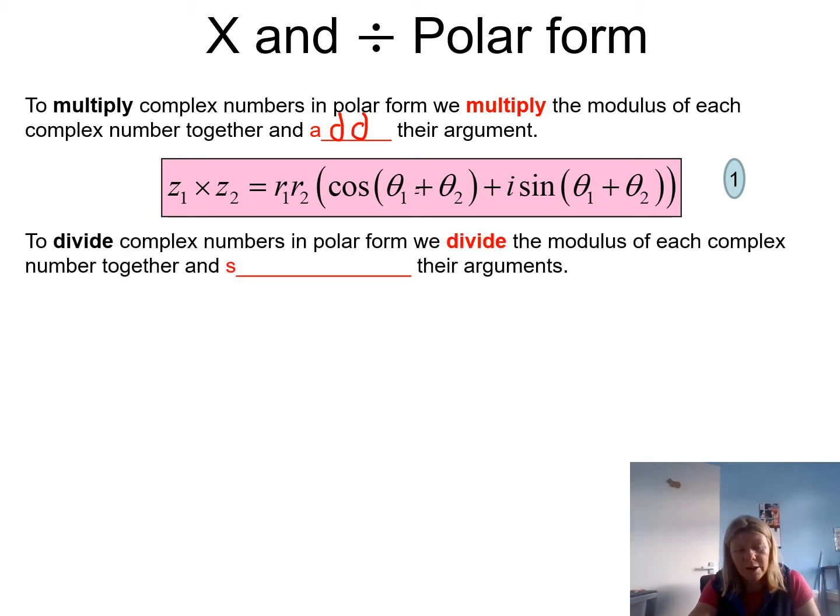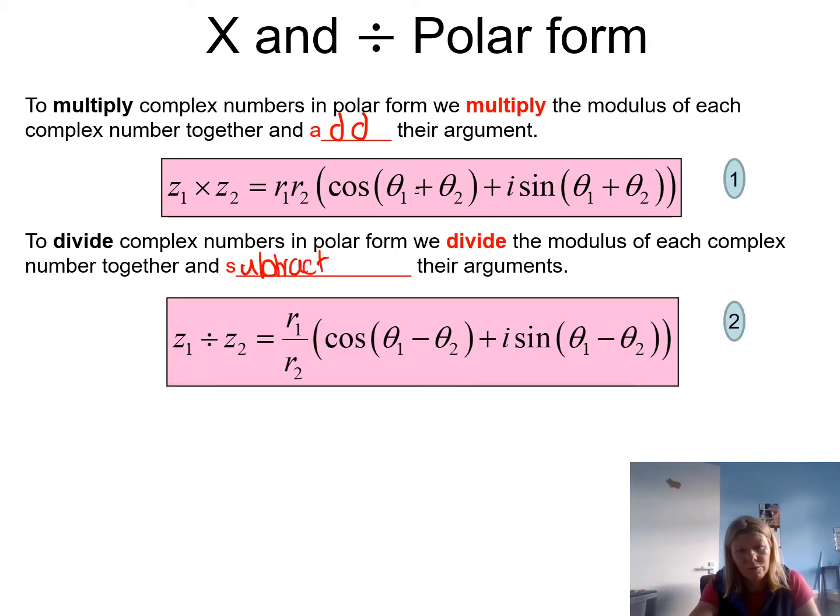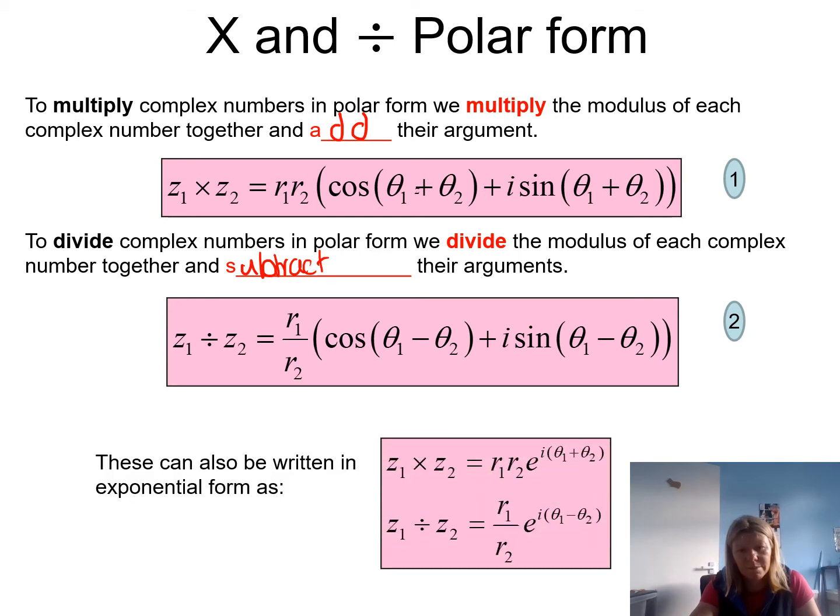To divide complex numbers, we divide the moduli and we subtract the arguments. So exponential is very similar: add the args times the r's, divide the r's, subtract the args on the other one.